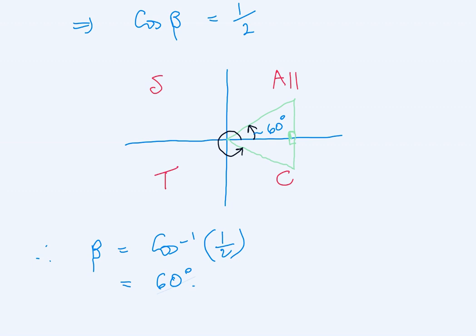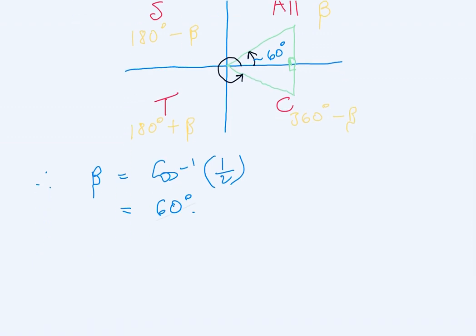So in the first quadrant, we have the reference angle, in this case our first solution, which is beta. And in the second quadrant, we're going to have 180 degrees minus beta. In the third quadrant, we've got 180 degrees plus beta. And in the fourth quadrant, we have 360 degrees minus beta.